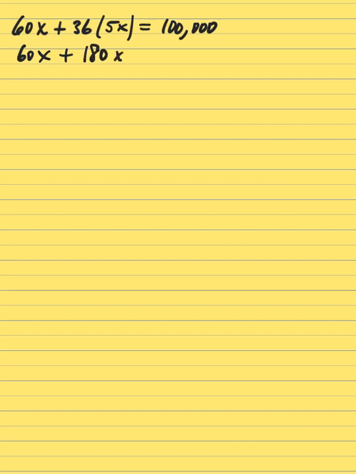Continuing from the previous slide, we have 60x. I'm going to just recopy that last part. Plus 36 times 5x. It was 36y in the constraint, but we found y to be 5x. So we're going to make that replacement equals 100,000. That is going to give us 60x plus 180x equals 100,000.